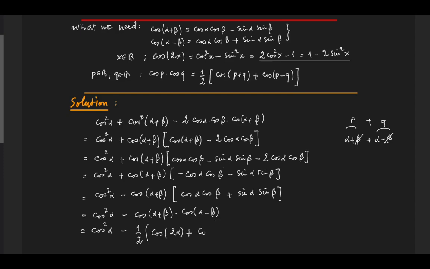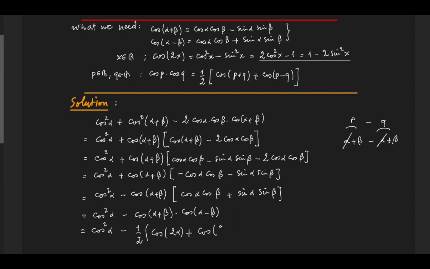Now cos of p minus q. Now we'll make it alpha plus beta minus alpha minus beta. If we remove the parentheses and distribute the minus, it'll become minus alpha plus beta. Then alpha minus alpha will cancel out, and this difference is equal to 2 beta.